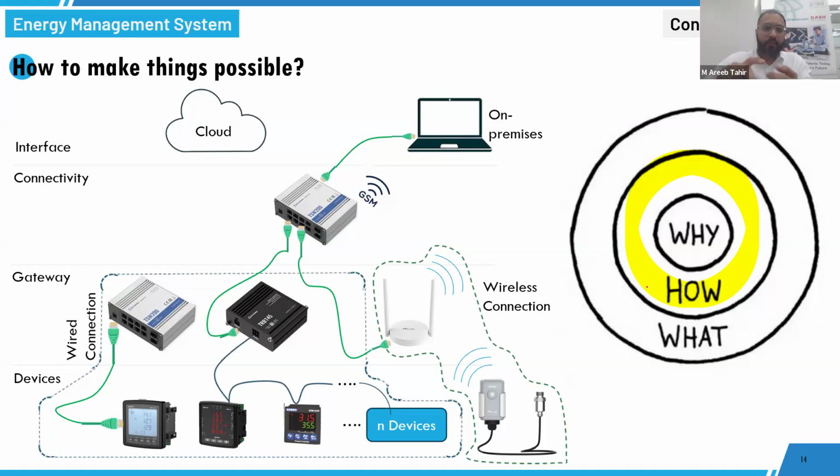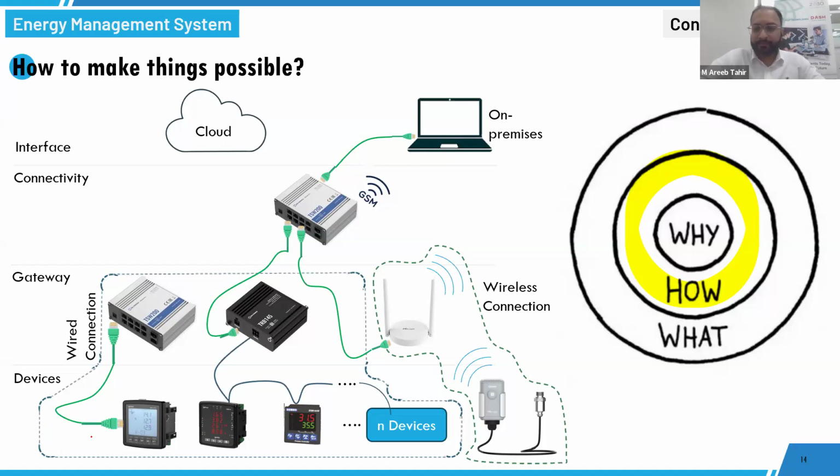Whether this device is a meter, a temperature controller, a humidity controller, or a flow sensor, it can be connected. So what type of connectivity? There can be two types: wired connectivity and wireless connectivity. If you have an application which is not critical, then you can go for wireless connectivity.